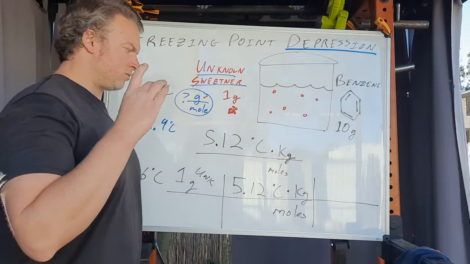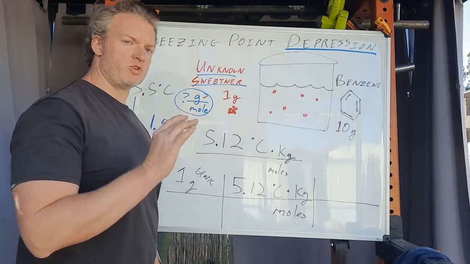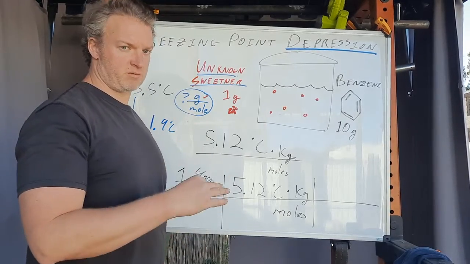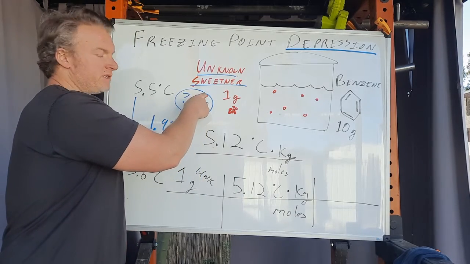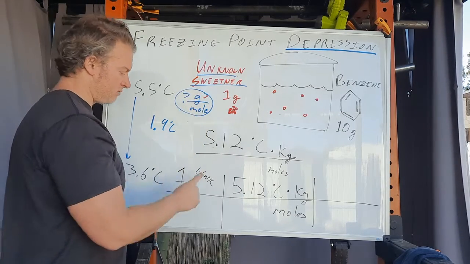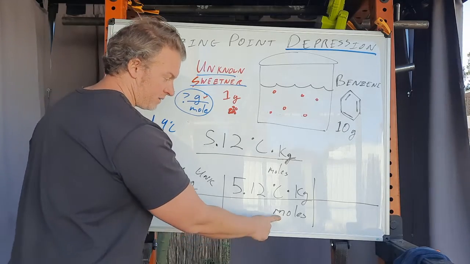What I've done is what I call the smart start, and I am using the units to guide my placement. This is what I need my scaffold to look like at the end of the day. Grams on top, moles on the bottom.